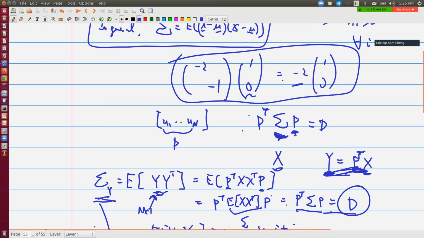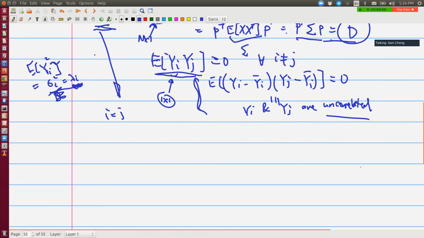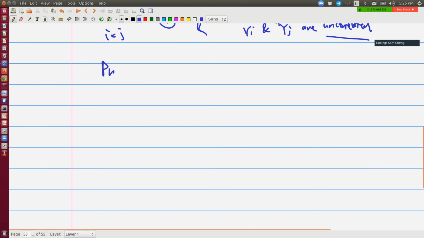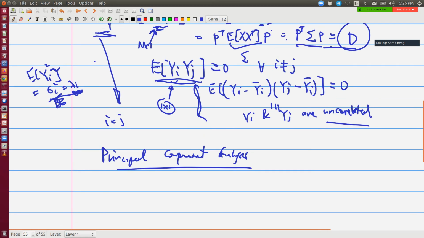So it's pretty nice. I guess some of you probably heard of PCA, principal component analysis. What we are doing here is basically just PCA. We reduce the dimensions. Not yet. We can reduce it afterward, but we have a linear transform, right? You have y equal to P transpose x.